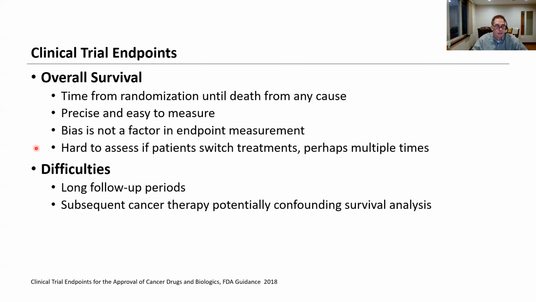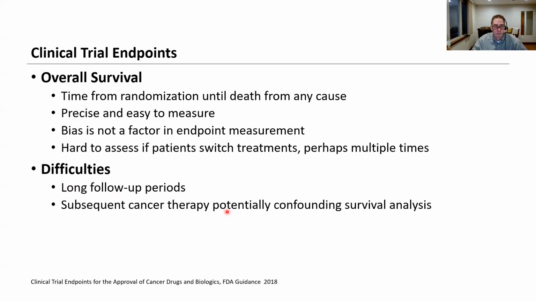There's no questions. It's hard to assess if patients switch treatments, perhaps multiple times, and this is one of the things that makes it a little bit difficult. If your patient prognosis in terms of overall survival is fairly long, then there's a good chance that they're going to switch treatments on you several times, and so you have to figure out how to deal with that, right? So this is the difficulty: a long follow-up period.